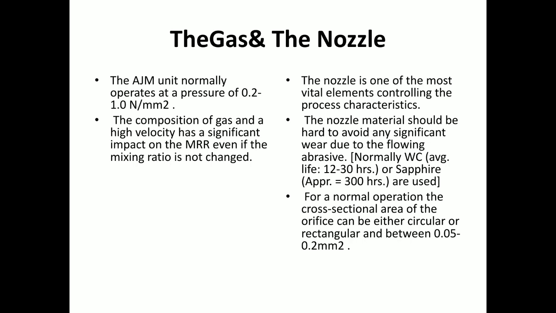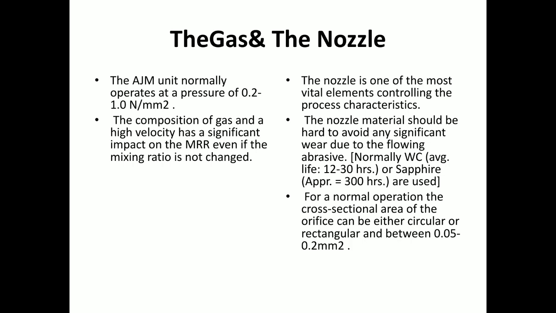Normally, what is the material of the nozzle? It is tungsten carbide, and it has an average life of 12 to 30 hours. If it is sapphire, which is a costly material, the life will be approximately 300 hours.